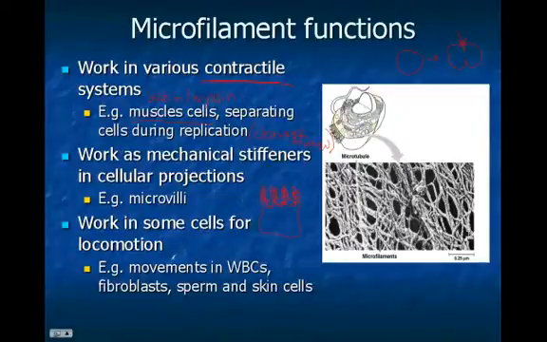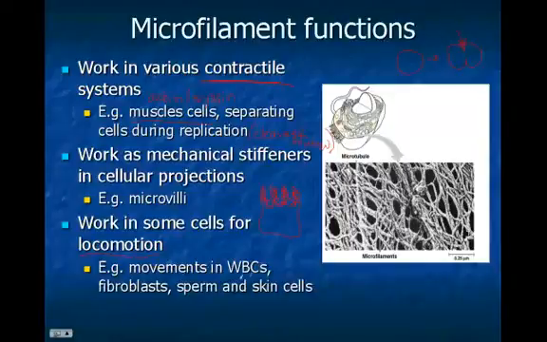And then in some cases, again, not as much so as microtubules, because microtubules are really your main cytoskeletal element that's important in locomotion, especially when you're talking about flagella and moving sperm over long distances. But for short-term movements of cells, microfilaments can actually work as well.